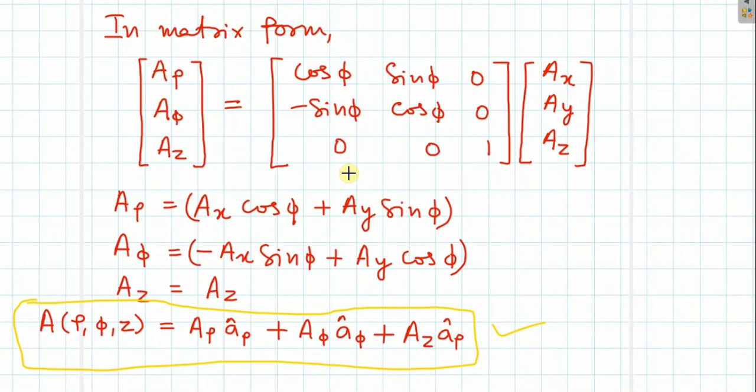The reason we are studying these things is that it will be convenient for us and will help us understand systems having circular symmetry or cylindrical symmetry. That's why we need to study this coordinate system.